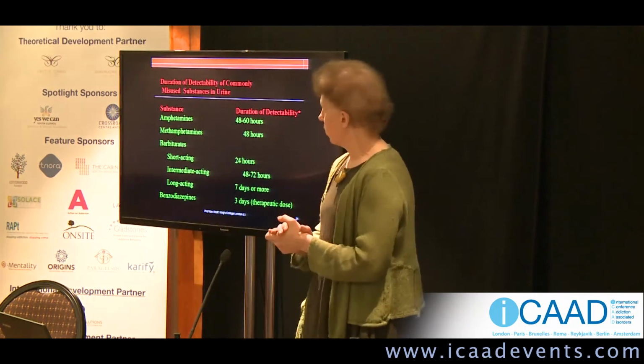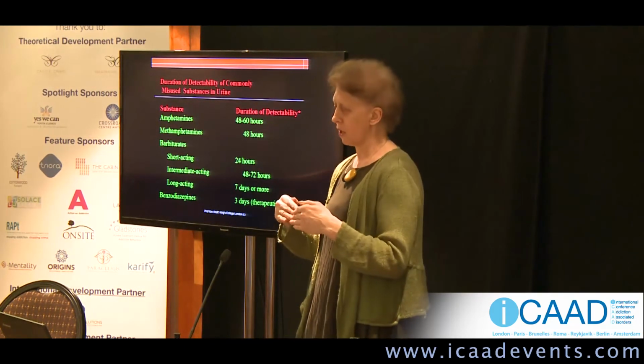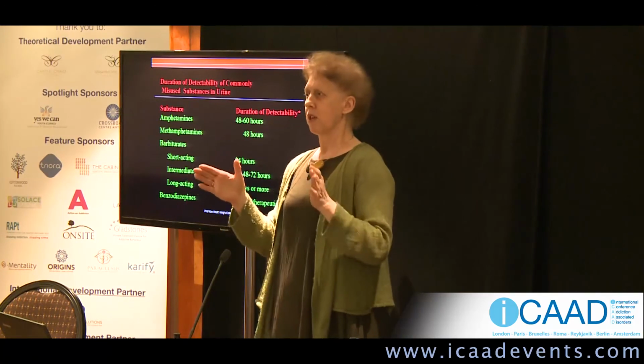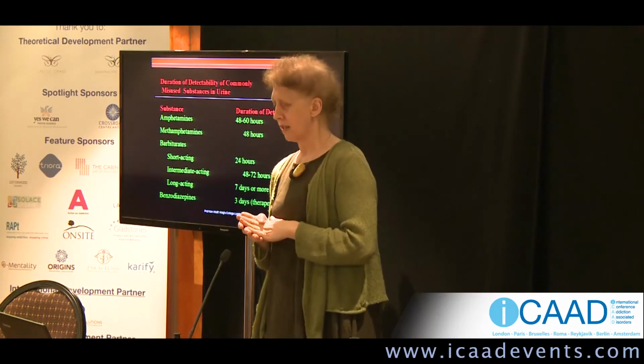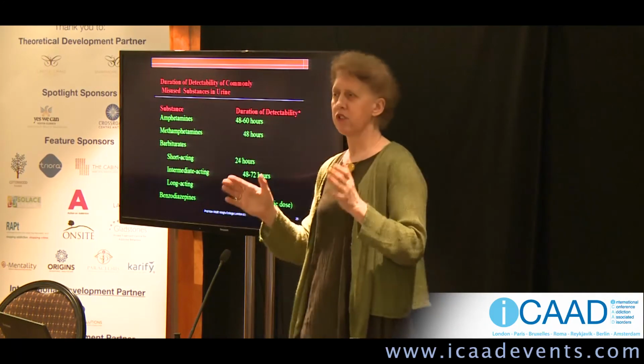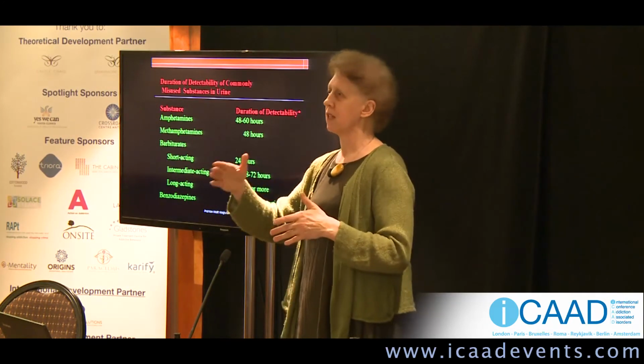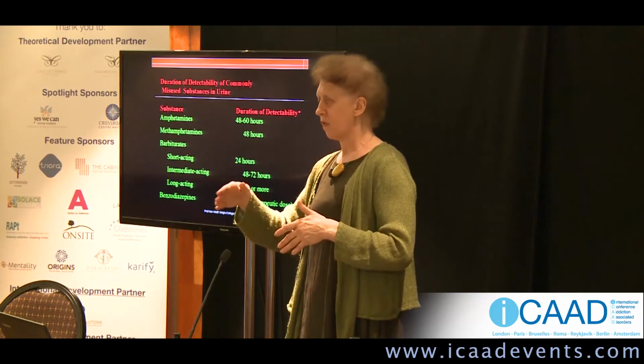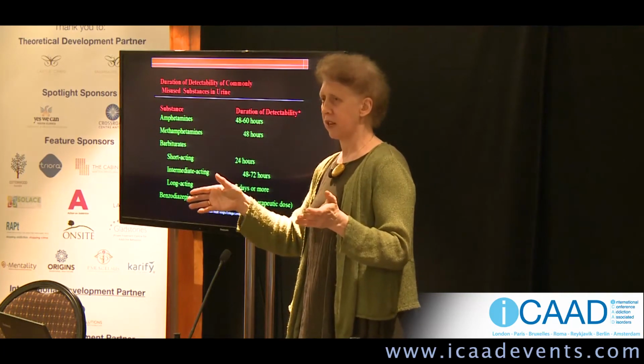And I thought it might also be helpful just to point out that there is a window of detection for your substances, and these are based on the consumption of one dose. So if somebody's using continuously, then obviously that will be reflected in their urine drug test.